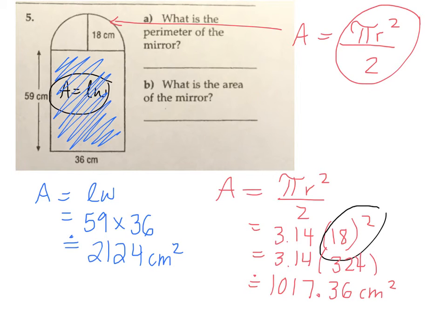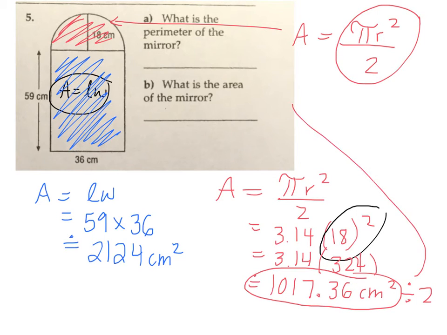Then what do we have to do with that answer? Divide by 2. I almost forgot that part. We divide this answer by 2 because this is the area of a circle, but we have a semicircle. Divided by 2, we get 508.68 centimeters squared.